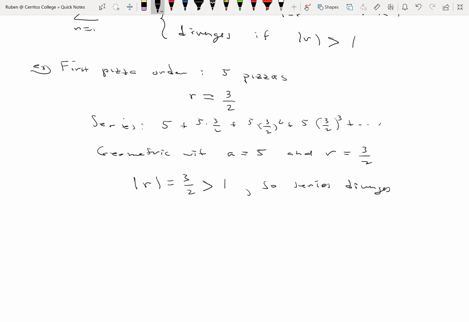Okay. So how about a counterintuitive example, something that may not make sense in terms of convergence or divergence?